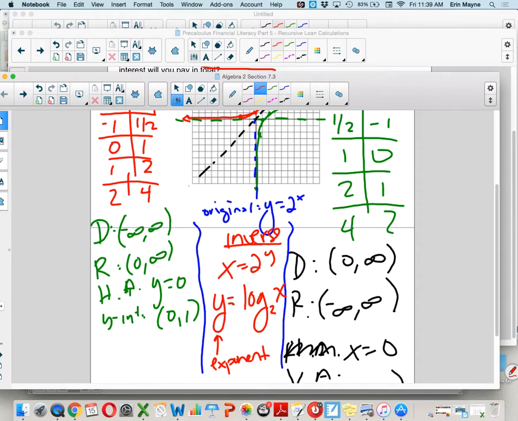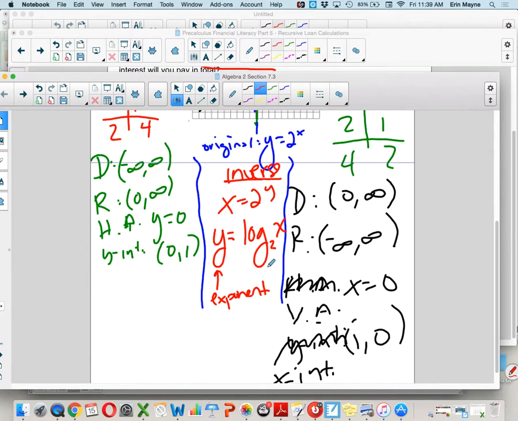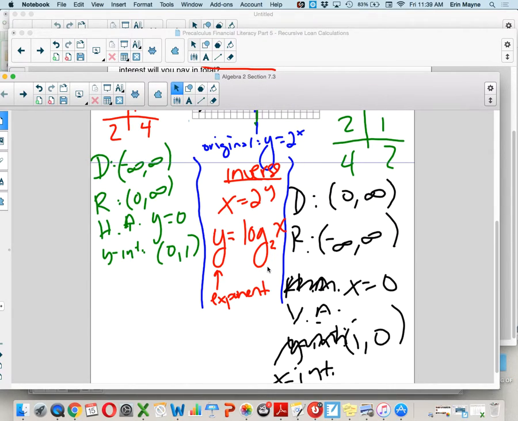Some people will say this as log base 2 of x. I've heard it both ways. How'd you learn it, Mackenzie? I learned it log of x base 2, but I think most people say it now log base 2 of x. Now, I am telling you, as your teacher, that these are considered equivalent statements. But I'm also telling you that a logarithm is an exponent.